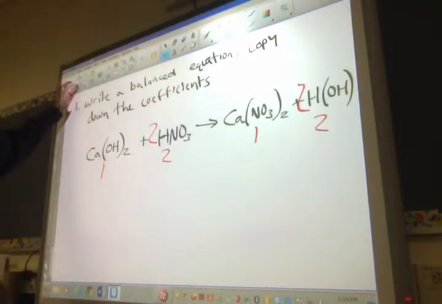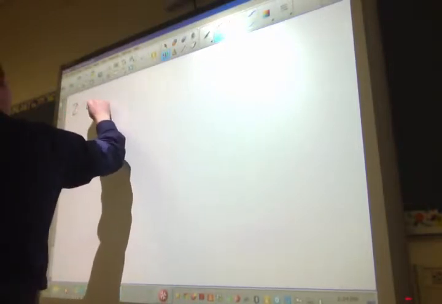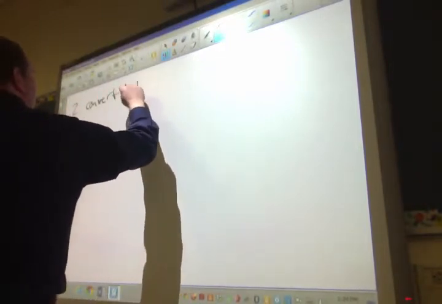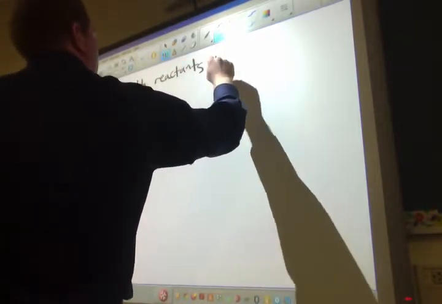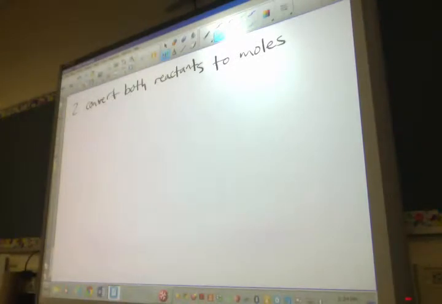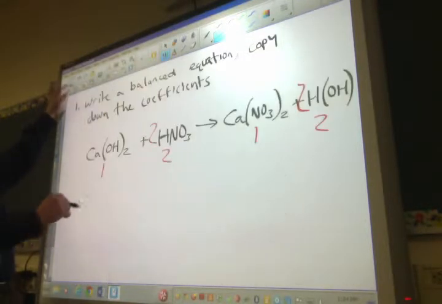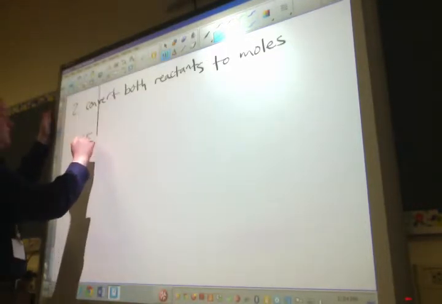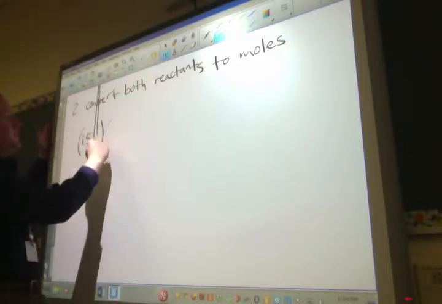Okay. Step 2: convert both reactants to moles. Again, nothing new. This is just what we do for a grams in, grams out. So going back, I have 15 grams of calcium hydroxide, Ca(OH)2. That's a G, okay?